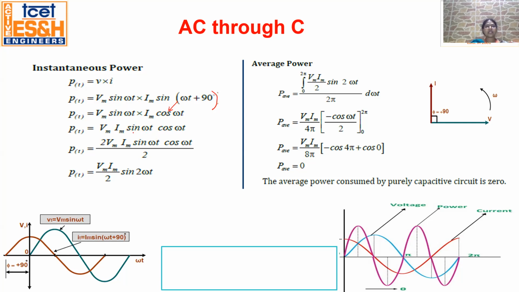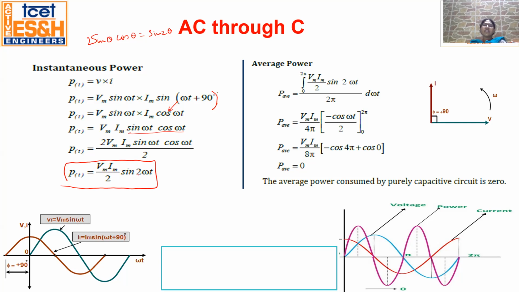Again, we replace this using the identity, because you know that sin theta cos theta is equal to sin 2 theta by 2. So this is the formula. So multiplication and division by 2 will give the equation like this.